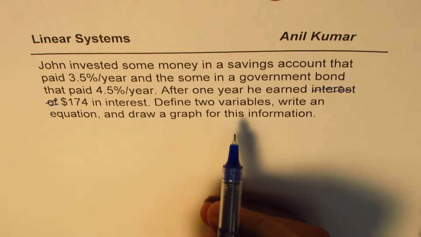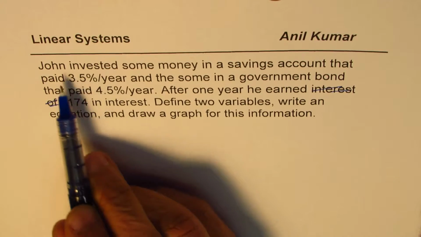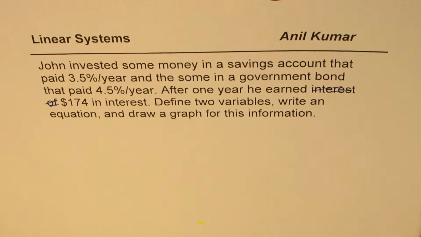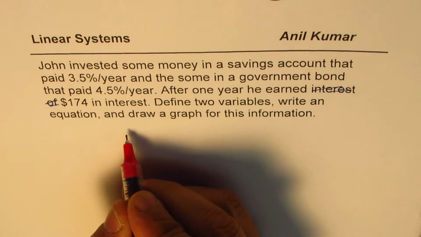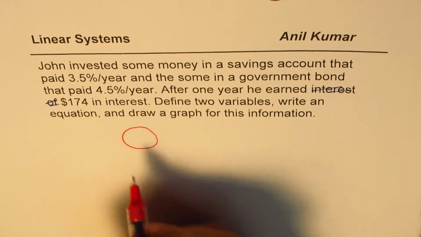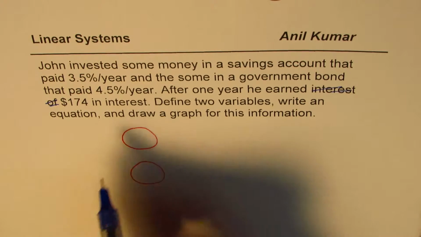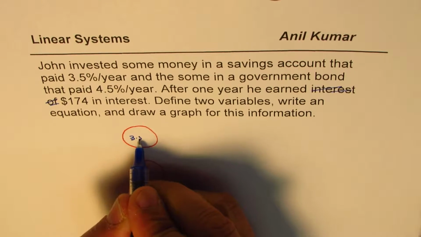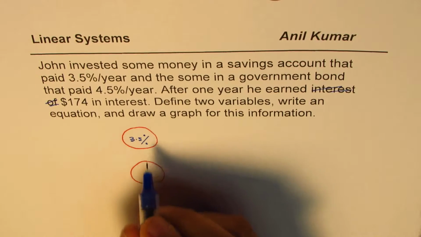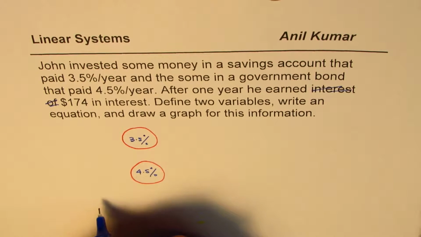Now let's define some variables here. Define two variables and write the equation. Now John has made investments, and these investments are in two different kinds of accounts. So let's say this is one account, that is the other one. One of these accounts is paying 3.5% interest, the other one pays 4.5% interest.